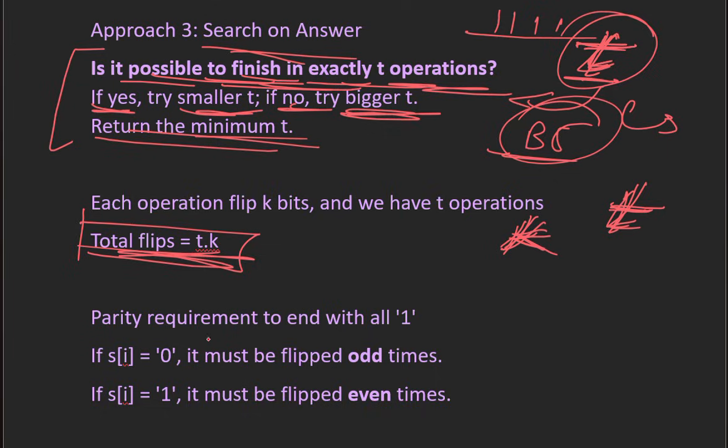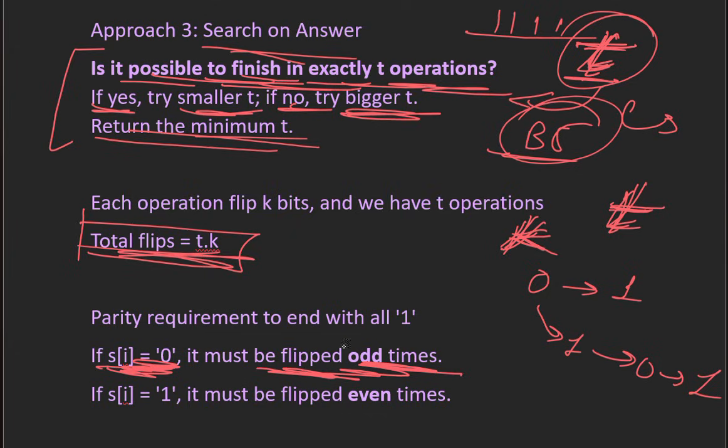Now see, suppose we have a character 0. To make it 1, we can flip it once, or 0, 1, again 0, and then again 1, so 3 flips. So if our character is 0, then the number of times it must be flipped to make it 1 is odd, right?